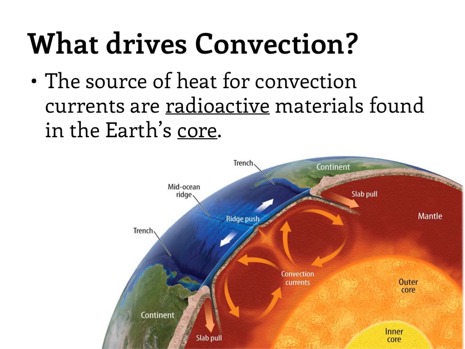Well, if we look at our diagram here, we see our convection currents happening here in the asthenosphere, and the heat has to be coming from this lower source. We know there is an immense amount of heat happening inside of the earth, and it's happening there because of all this radioactive material inside of the earth's core.